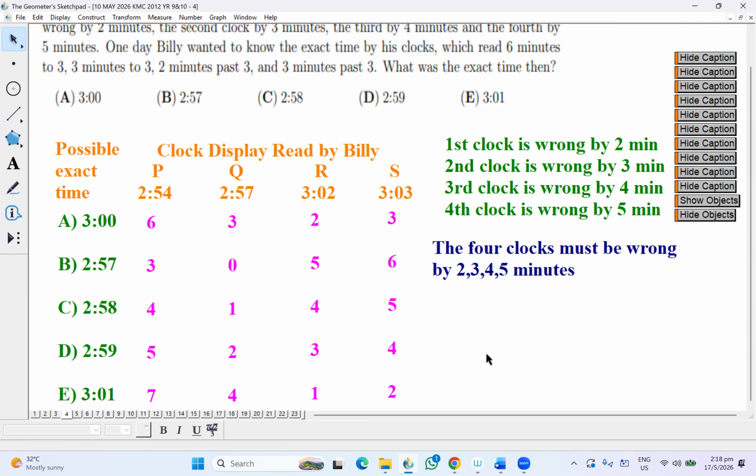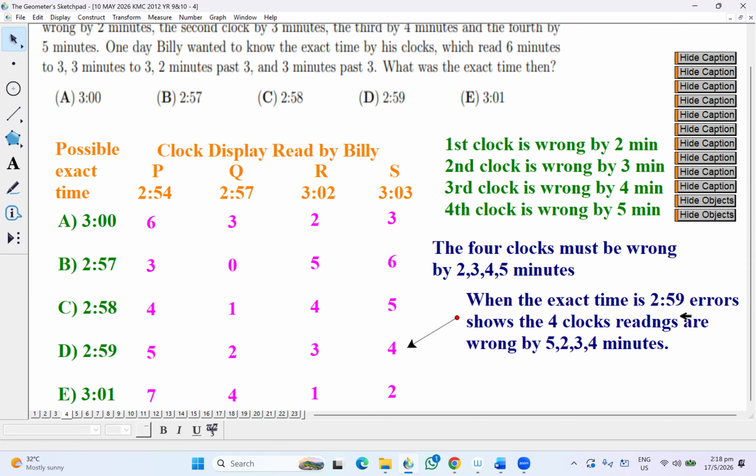So we see that only this row, 5, 2, 3, 4, the 4 clocks will be wrong by 2 minutes, 3 minutes, 4 minutes, and 5 minutes. The others got 7 and 6, got 0, 1, all out already. One also out, no 1.